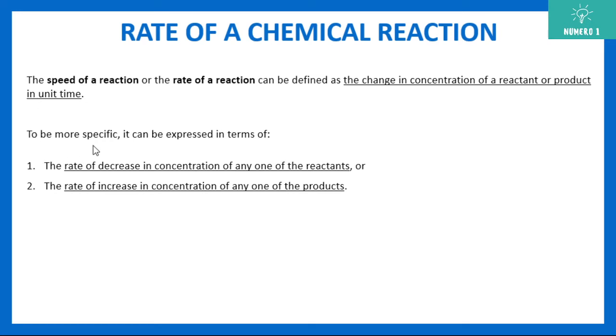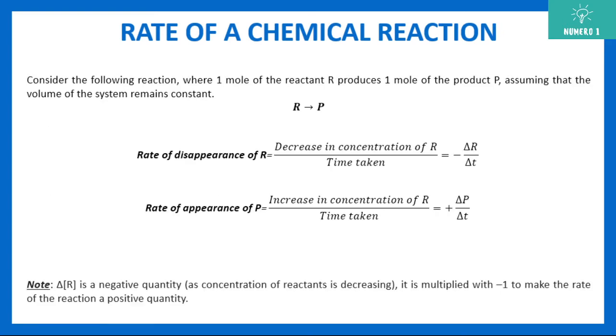To be more specific, you can define it as the rate of decrease in concentration of any one reactant. Because reactants react, the concentration is going to decrease. The other way of expressing it is the rate of increase in the concentration of any one of the products. Both give the same quantity.